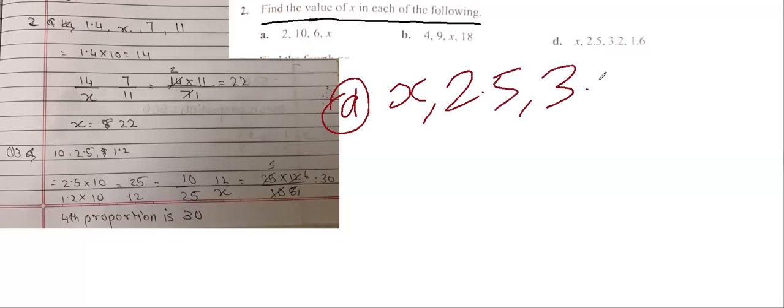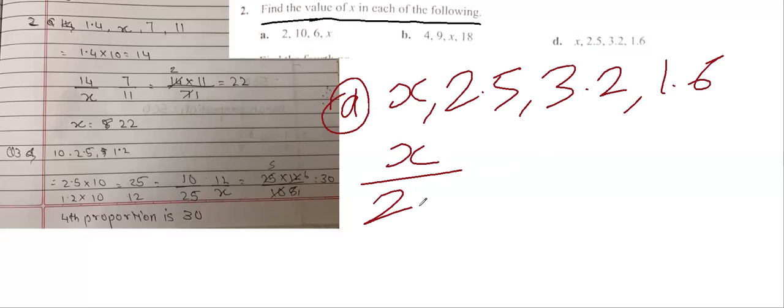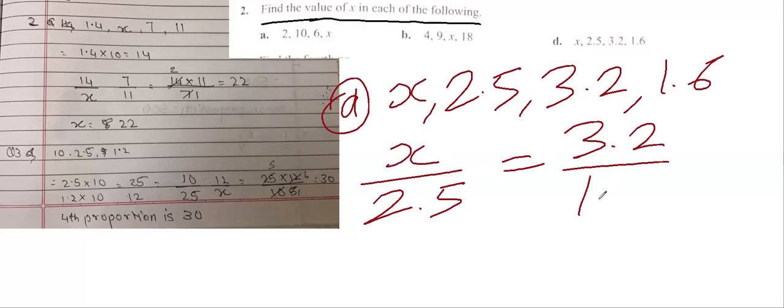Understood this? So let me solve D1 now. It says x, 2.5, 3.2, 1.6. So I will write first term is x here, second term 2.5 is here, 3.2 will be here, 1.6 will be over here.